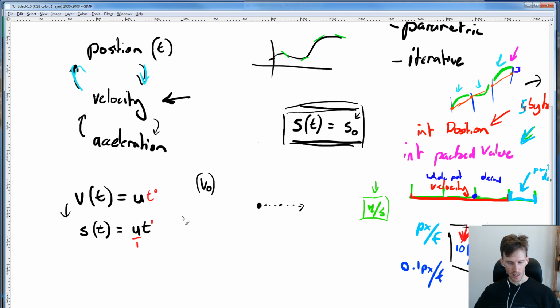So that should be really obvious at this point, and you can sort of think, okay, well, at time 0 we've got none of the velocity, but at time 2, if we're moving at 2 meters per second, and we've had 2 seconds, we've moved 4 meters, and so it's 2 times 2 is 4. So that should be super obvious what we've got here. So does that make sense?